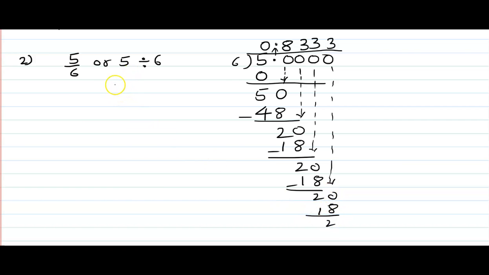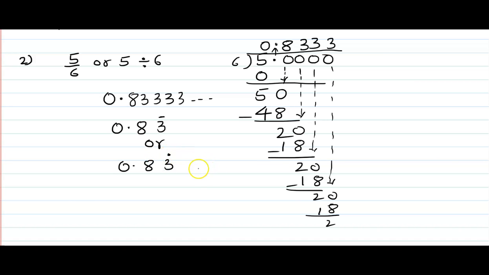So if you see, 5 divided by 6 is coming 0.8333 and so on. So 0.83 recurring. You can write down your answer as 0.83 with a dot on the top of 3. Okay. Let's go for another question.